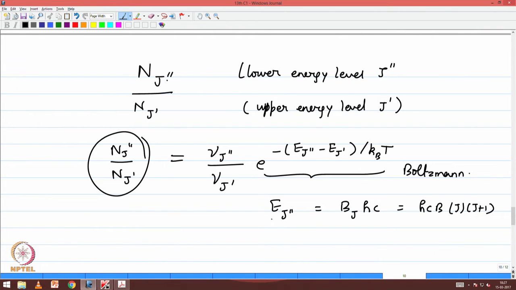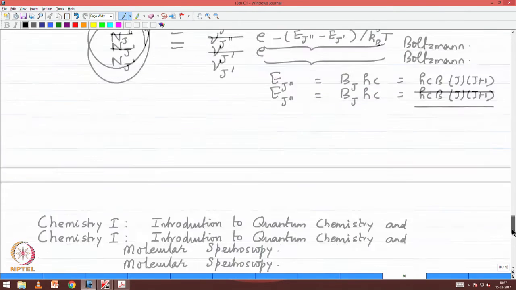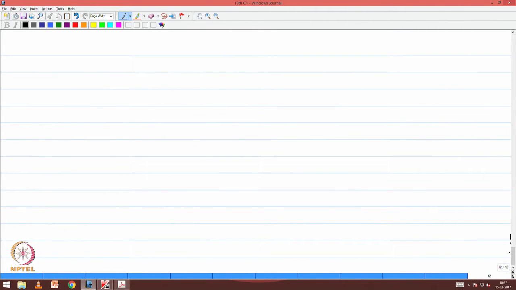And we also know that the energy for a given quantum number J double prime is given by this value hcB times J into J plus 1. So, how do we look at the intensities?